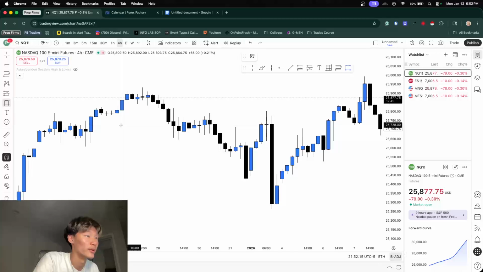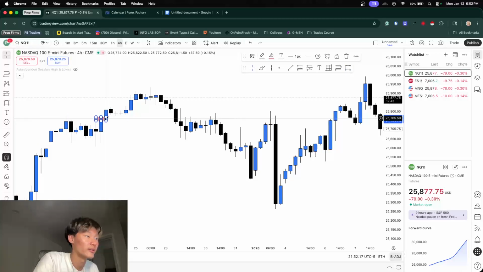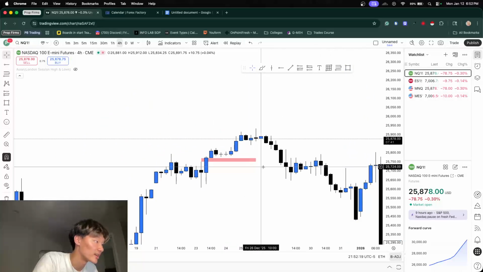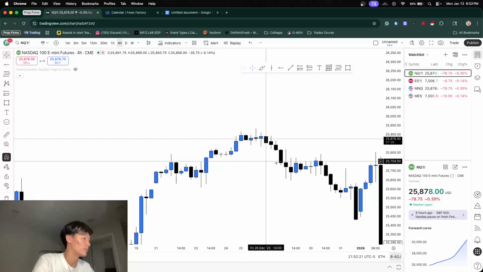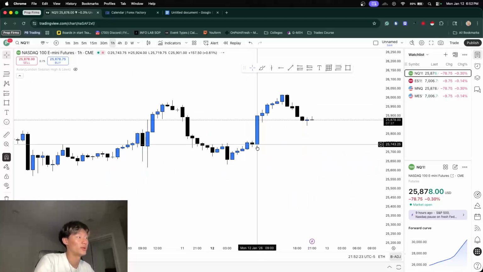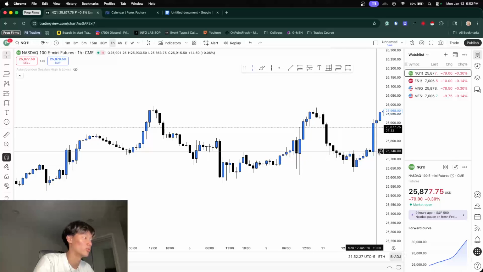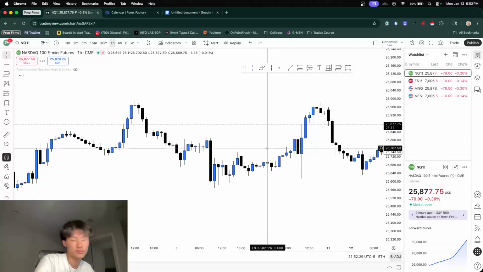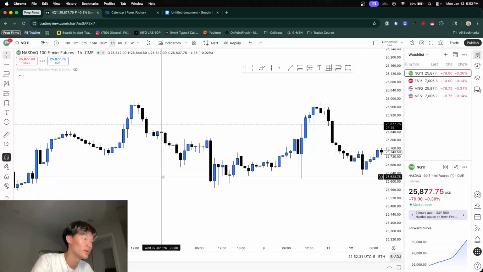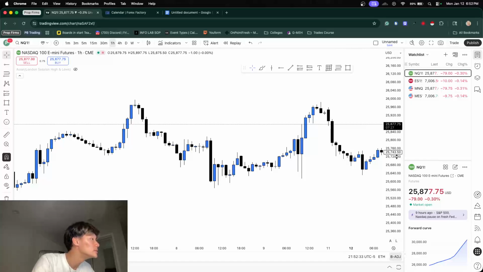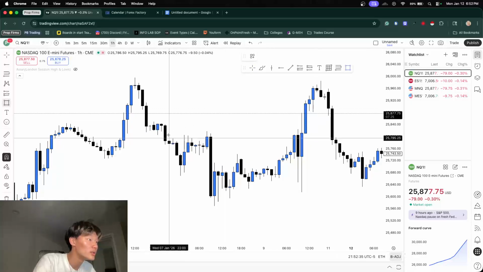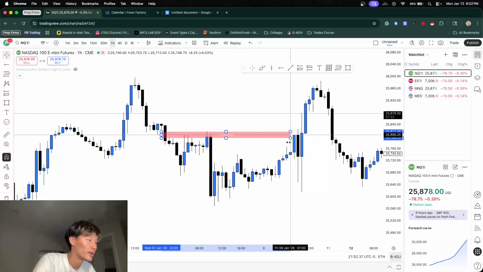Let's find another one. This one right here. Really small one, but that still counts as a fair value gap. Notice these are prices where the market wants to react off of. For example, see this one, fair value gap right here.